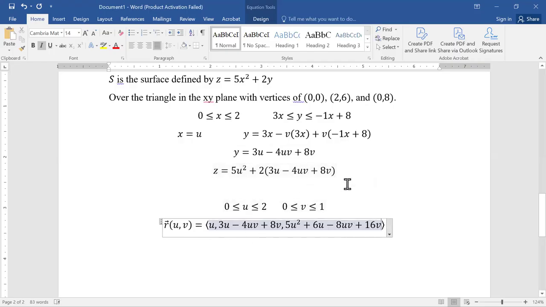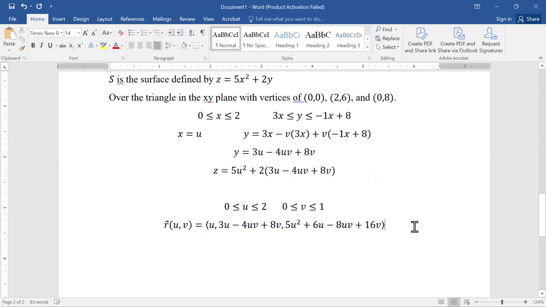Again, that's when I multiply that out, distribute that 2, that's what I get. There's no like terms in any of the components now. They're all as simplified as I can make them. And so this vector valued function, along with this domain, that is u between 0 and 2, and v between 0 and 1, that is my parameterization of the surface I was looking at.